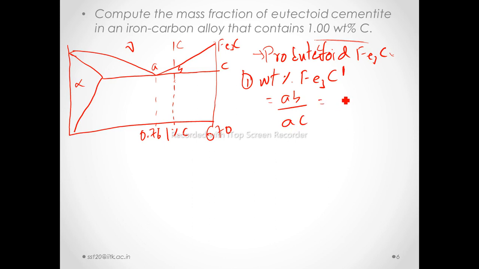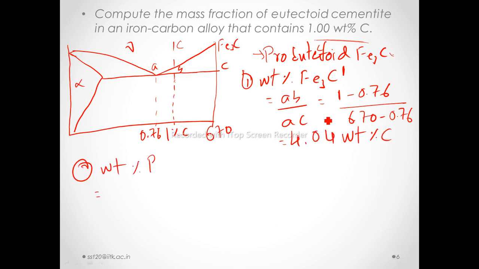That means (1 minus 0.76) divided by (6.70 minus 0.76). So finally this comes as the answer 0.0404.